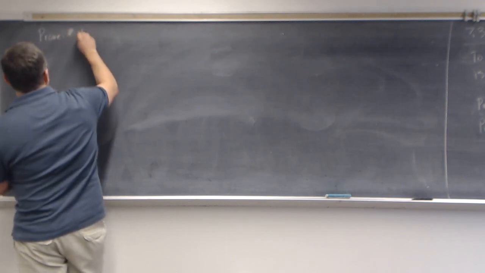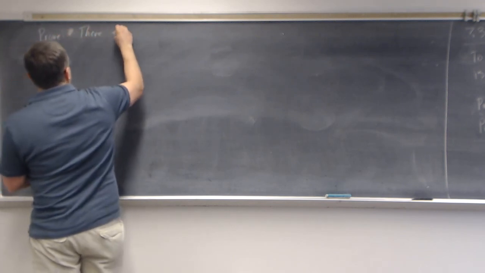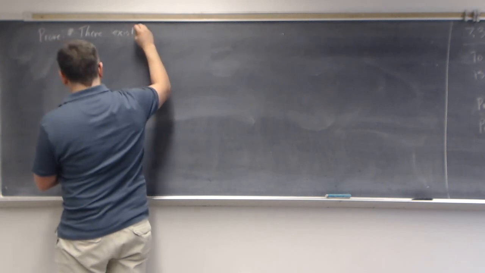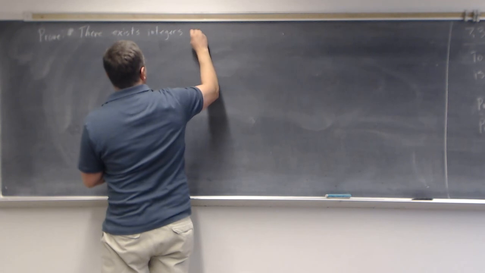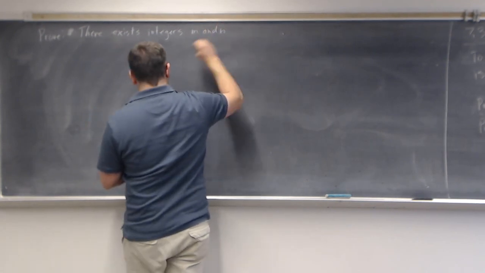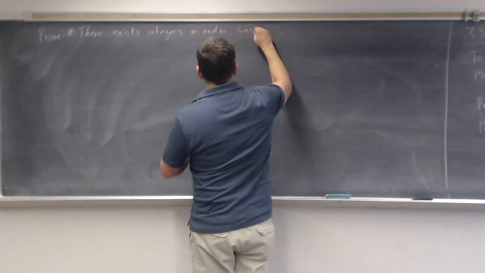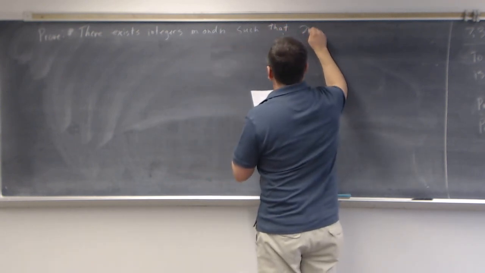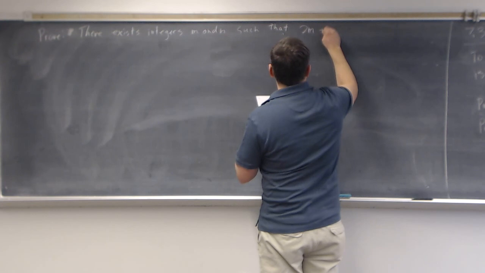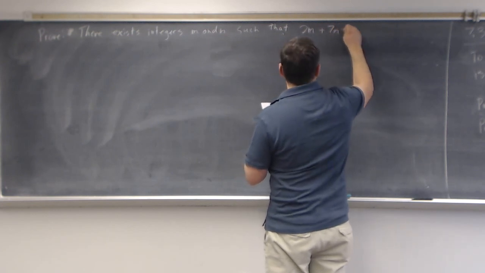Prove there exist integers m and n such that 2m plus 7n equals 1.